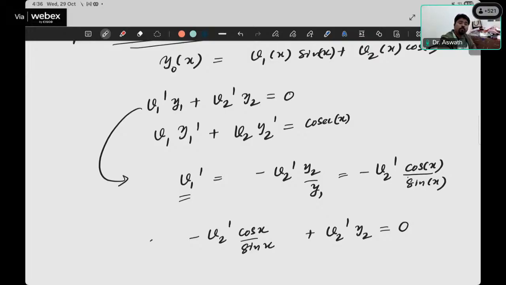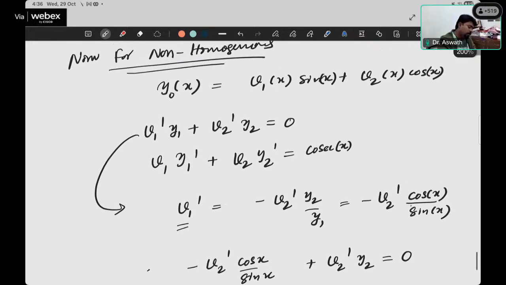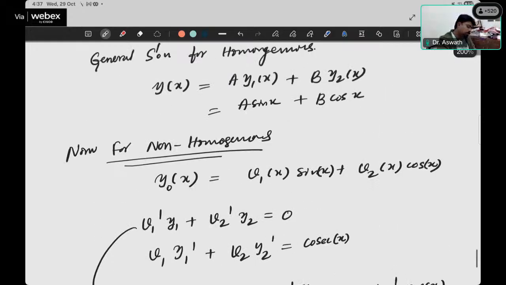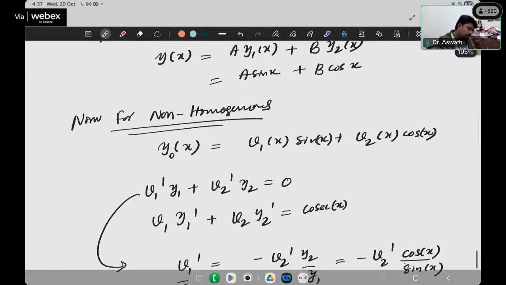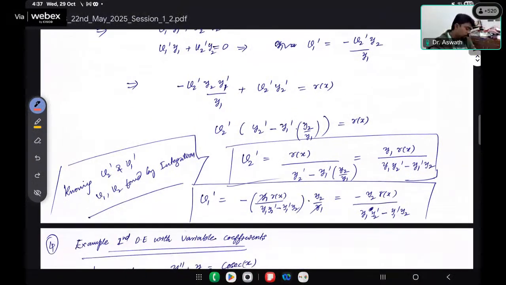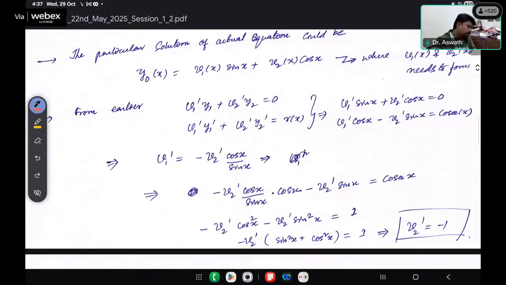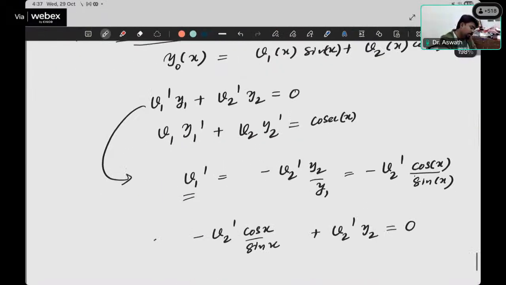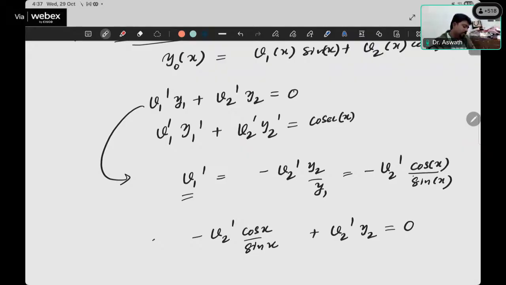I made a mistake. So what is the second equation? Let's take it from the notes. Yes, the second equation is this. I'm sorry, I missed the v1 prime also. Let's get back. Now it makes sense.